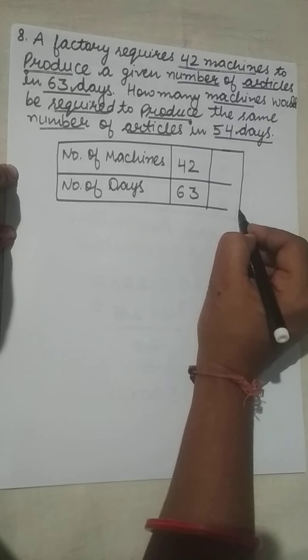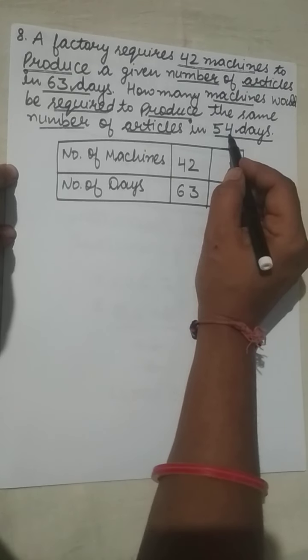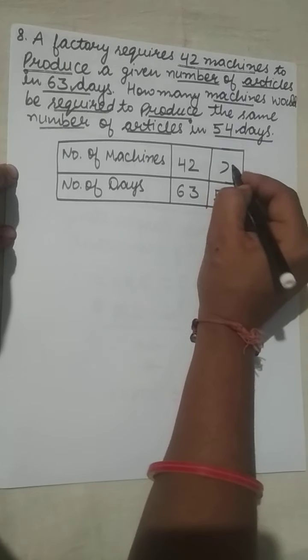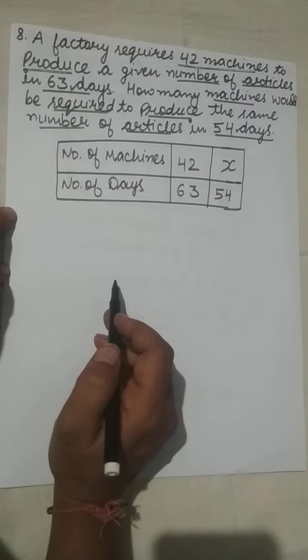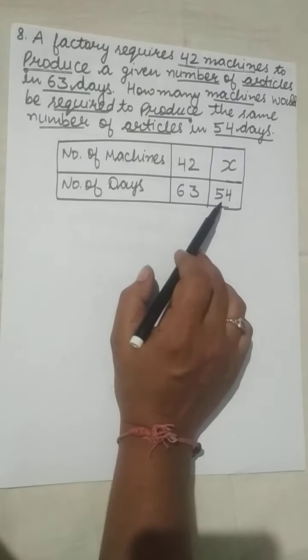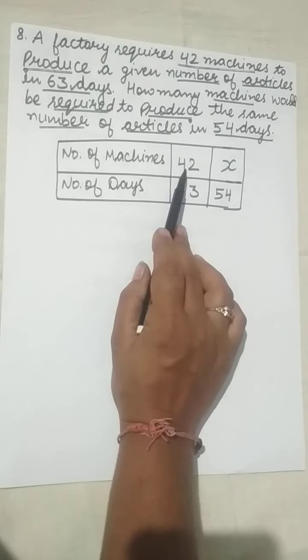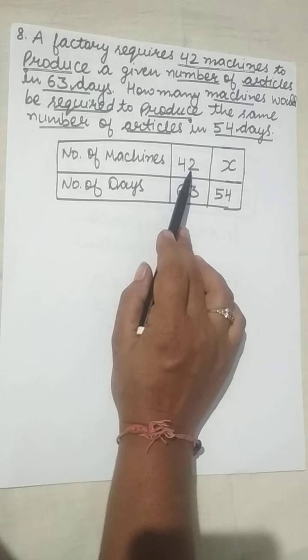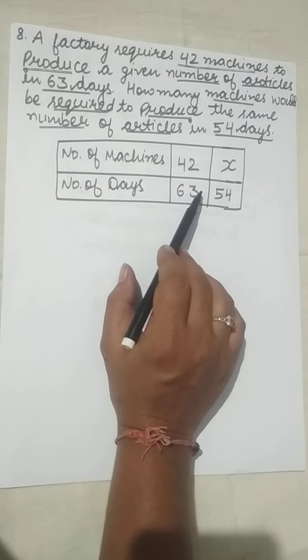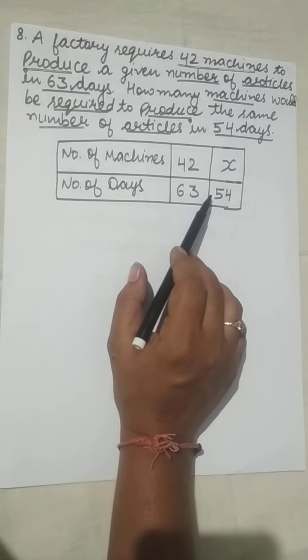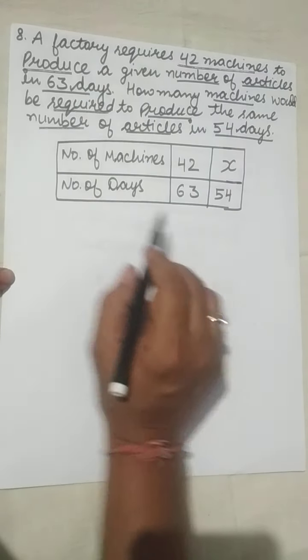But we want to complete the number of articles in 54 days. So how many machines would be required? I will take it as x. As the number of days to complete the same job is decreased, we require more machines. So it means as the number of days decreases, the number of machines will increase. So inverse proportion.